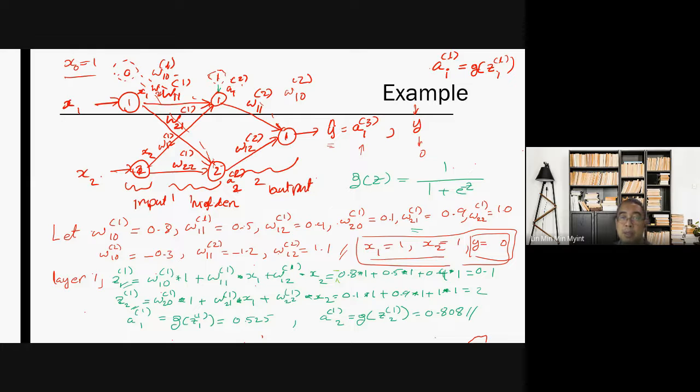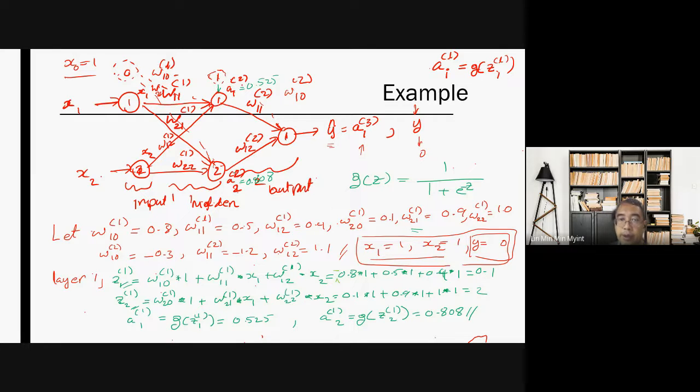So this is the output of this node and this node: 0.525 and 0.808.